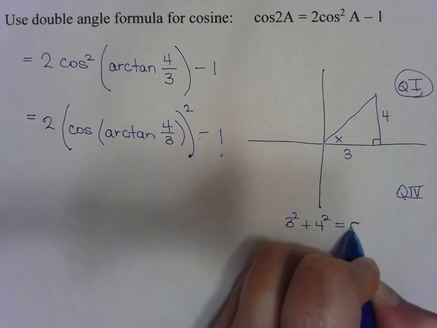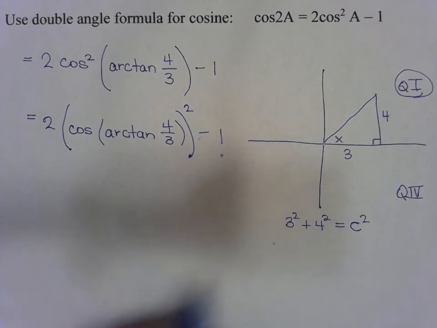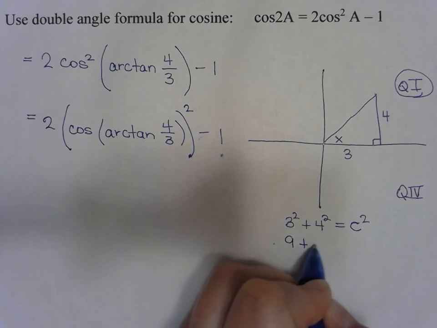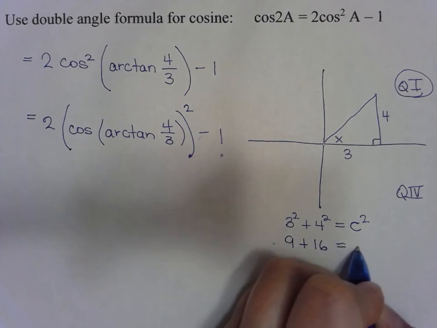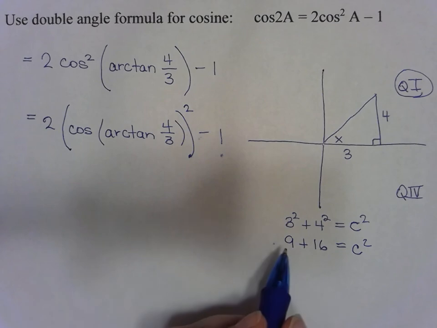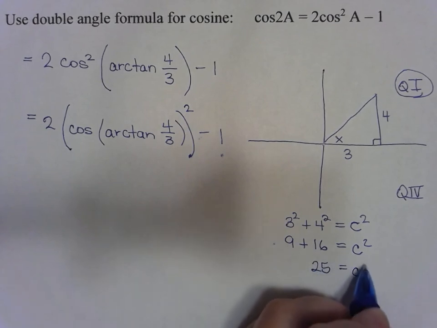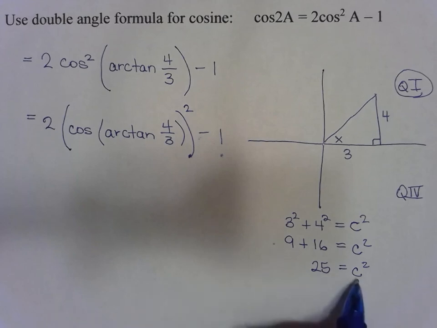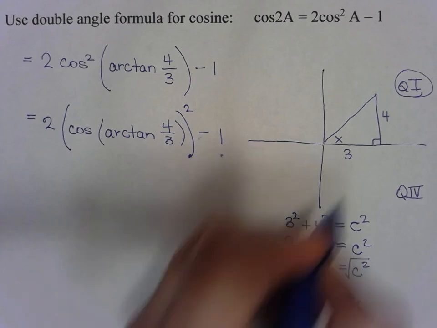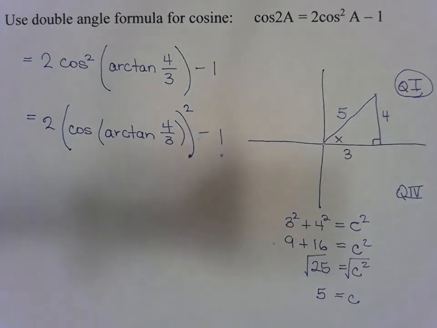I almost wrote the answer. I'll go ahead and calculate it out, but you might already know this one. It's kind of a famous one. 9 and 16 make 25. The hypotenuse is always positive, so I take the square root of both sides. So I'm going to get 5.